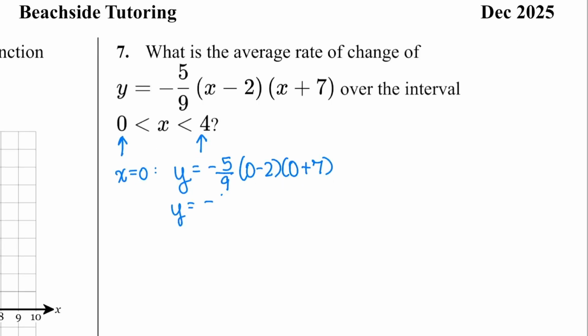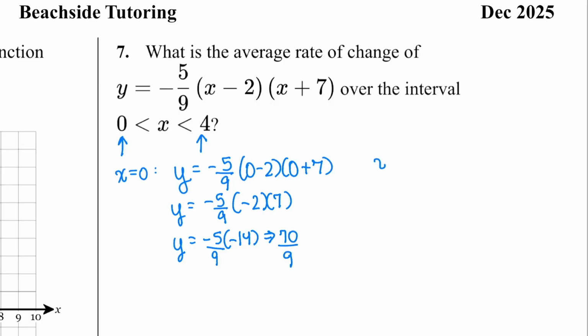So y equals negative 5 over 9 times negative 2 times 7. So y equals negative 5 over 9 times negative 14. And that's going to be positive 70 over 9.